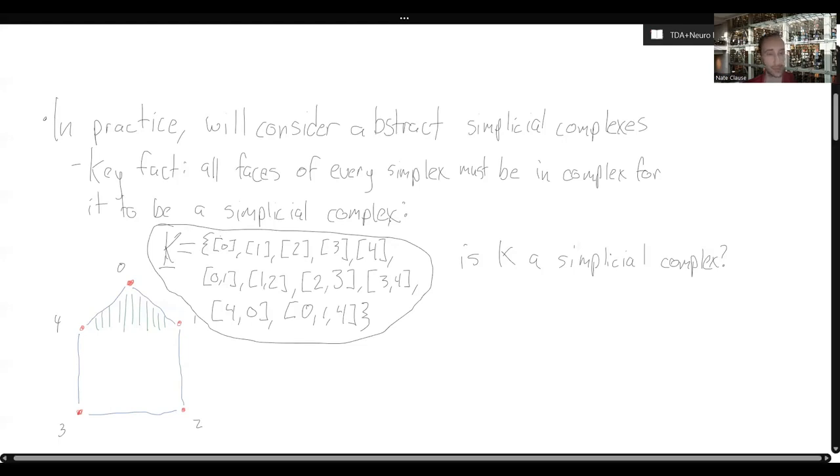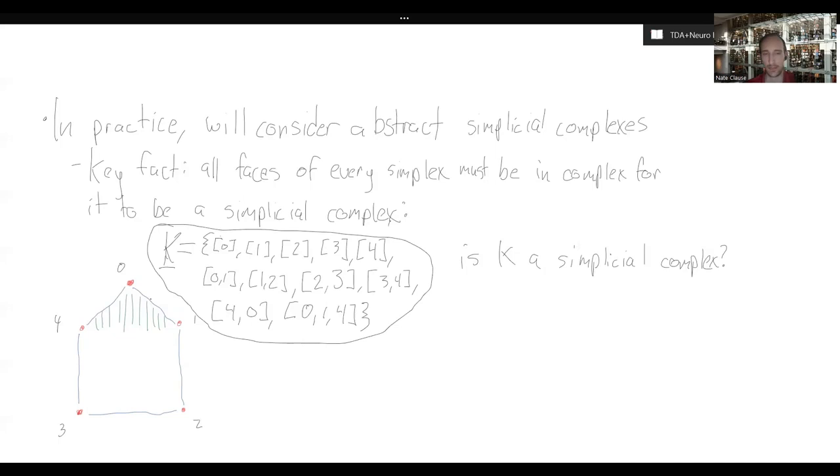A geometric realization of this abstract set of simplices is visualized on the left here with the 5 zero simplices labeled. So look this over for just a moment and think, is this K actually a simplicial complex?